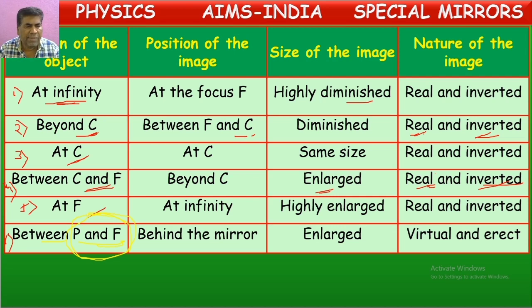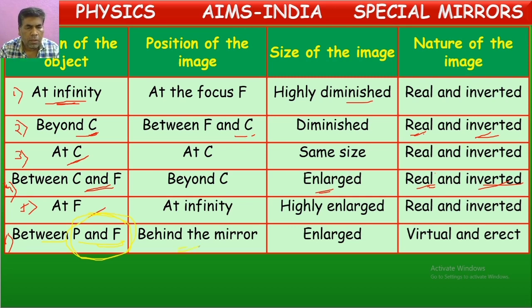Somebody might be shaving in a plain mirror, in that there will be not much difference. But for shaving, special kinds of mirrors are there. In a shaving mirror, if we keep the object closer to the mirror, whatever beard is there appears larger behind the mirror.